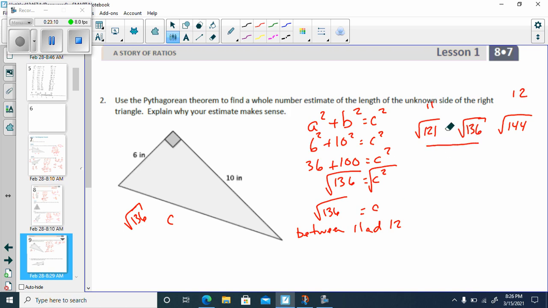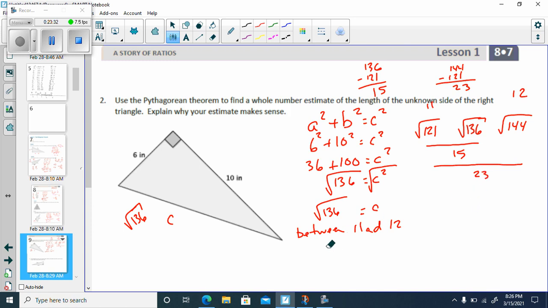So let's figure out what fraction it is between these two. Let's subtract these two, 136 minus 121. And I wind up with 15. And the whole distance here is 144 minus 121, which would give me 23.